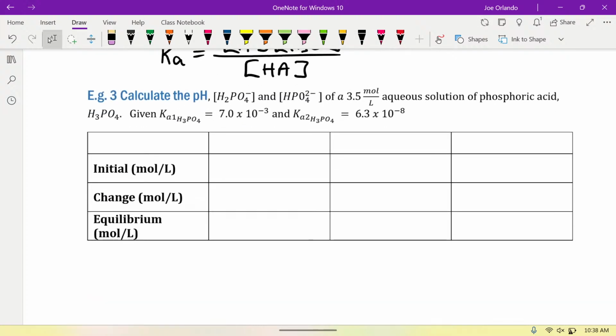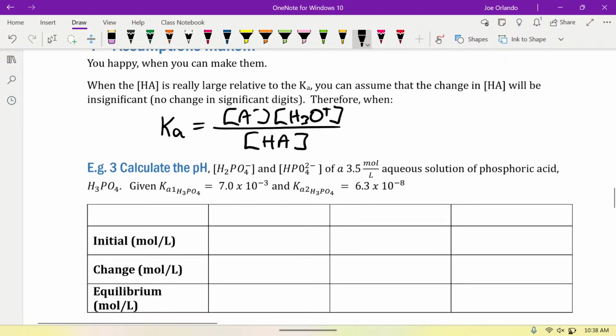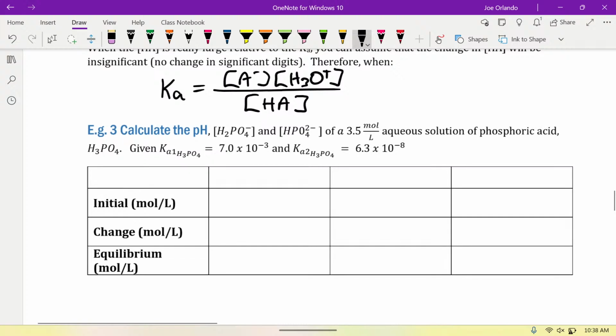Which term? Well, let's look at this question. In this question, we have a really kind of miserable reaction here with phosphoric acid. This question is going to take us a long time, because we actually are going to deal with both acids at the same time.